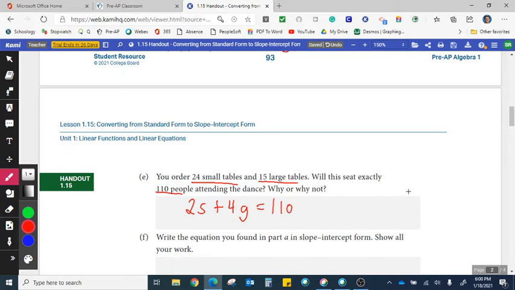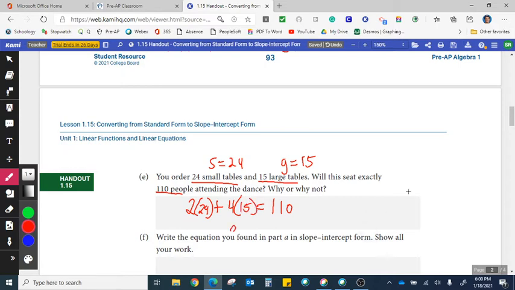So I'm going to say s equals 24 and g equals 15. Let me erase this, and instead of the s, I'm going to write 24, and instead of the g, I'm going to write 15.